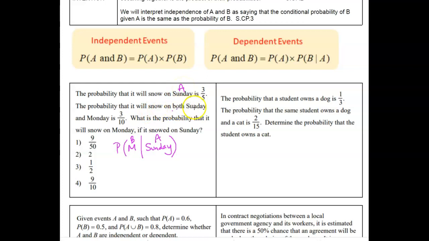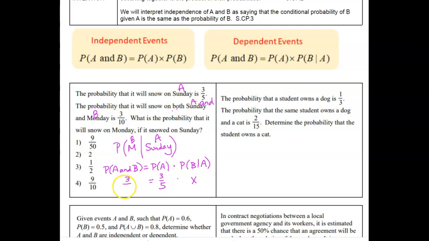Snowed on both Sunday and Monday, so A and B. All right, so I've got probability of A and B is equal to probability of A times the probability of B given A. And so it says, what is this probability? So this is what we're looking for. So I'm just going to let that be X. The probability of A is 3/5. And A and B, when it happens together, that was 3/10.